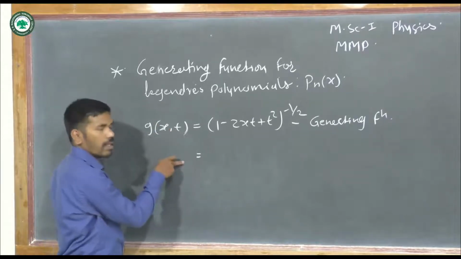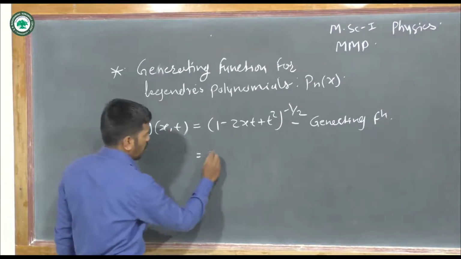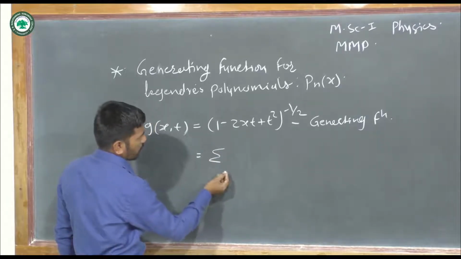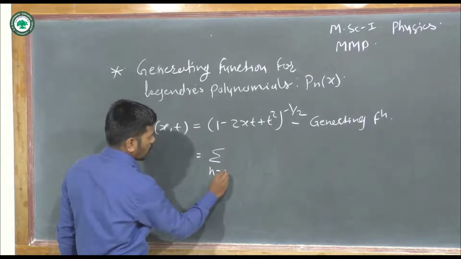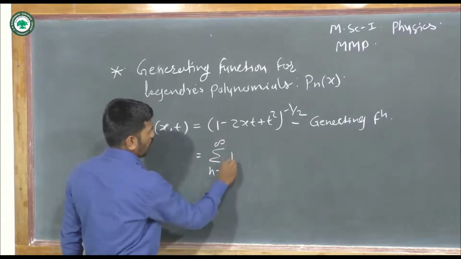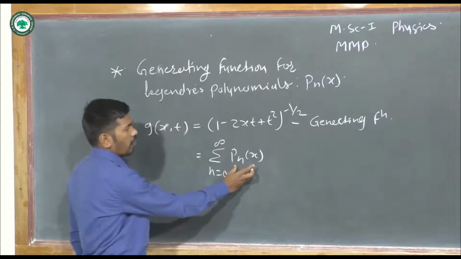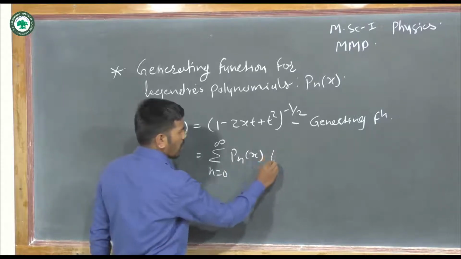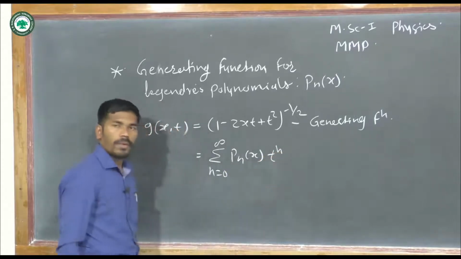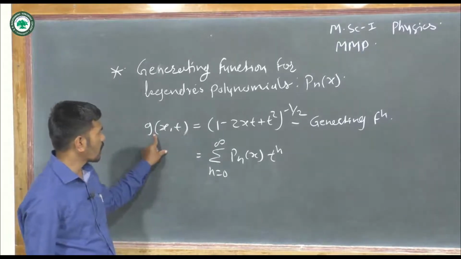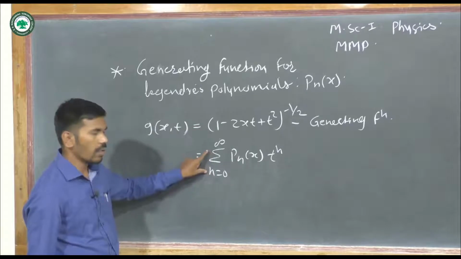So we can also write it in series form: summation n equal to 0 to infinity of Pn(x) t power n. Here Pn(x) is the Legendre polynomial and the coefficient of t power n.